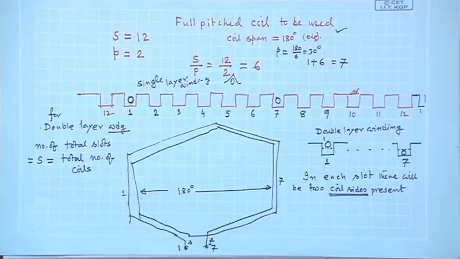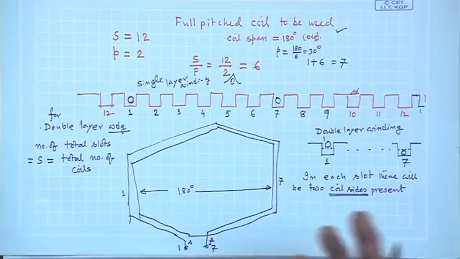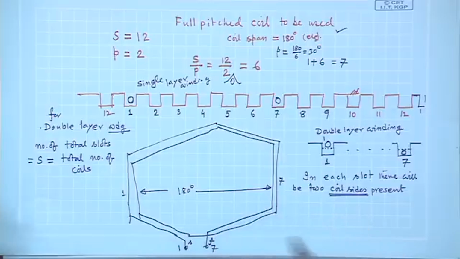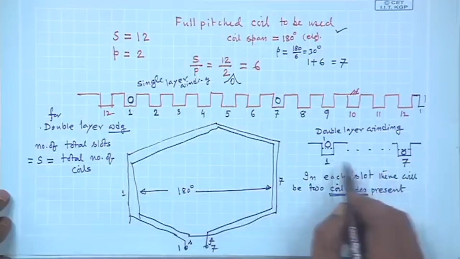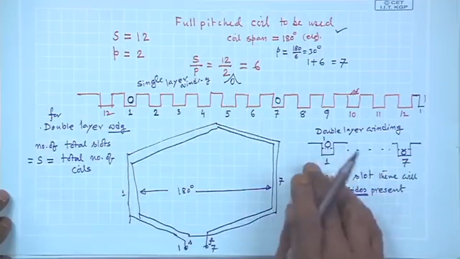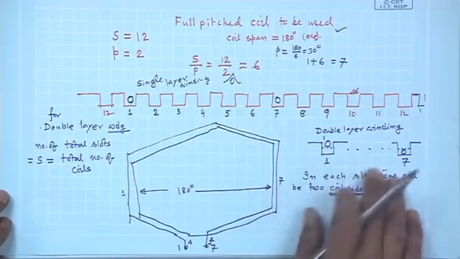Since each coil requires 2 coil sides, if it is a single layer winding, the number of coils that can be accommodated is S by 2, but for double layer it is S. Therefore, this will enhance our utilization of the windings.